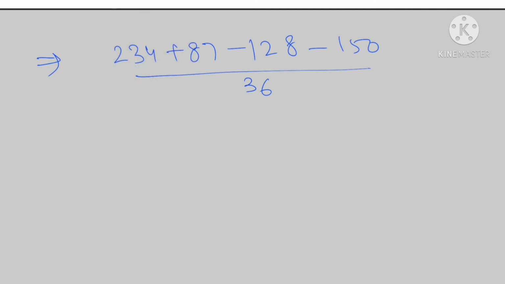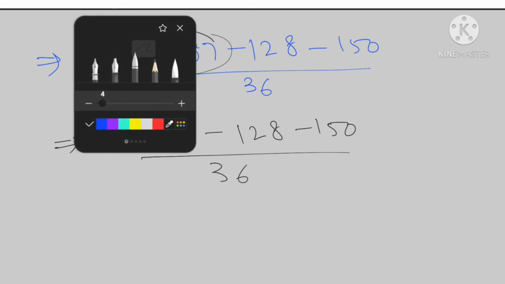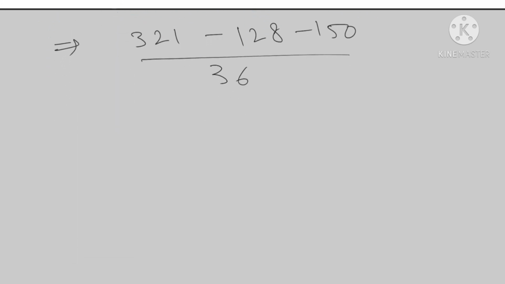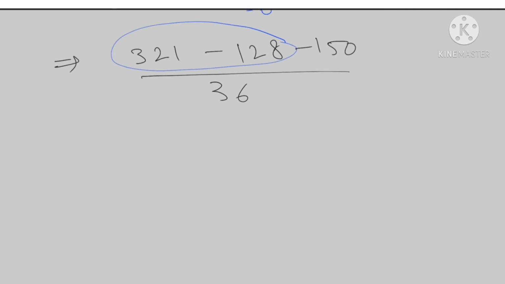Simple. Now if we just keep on adding, we'll solve these two first. It will give us 321 minus 128 minus 150 by 36. And again we will subtract this. For those of you who are good in subtraction, you can do it mentally in one shot only.